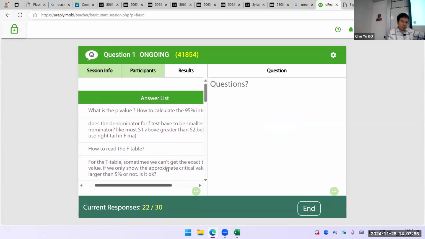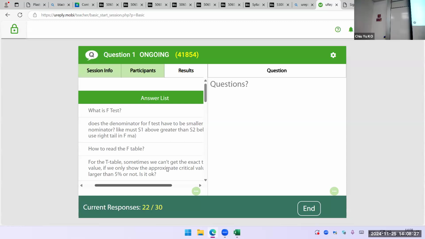In our ANOVA, we have the numerator bigger than the denominator, so the null is equal, and the alternative is above bigger than below. That is the right tail test. If you swap it, you can do the left tail test. There's no problem. And for the F table we just flip, it's an inverse.